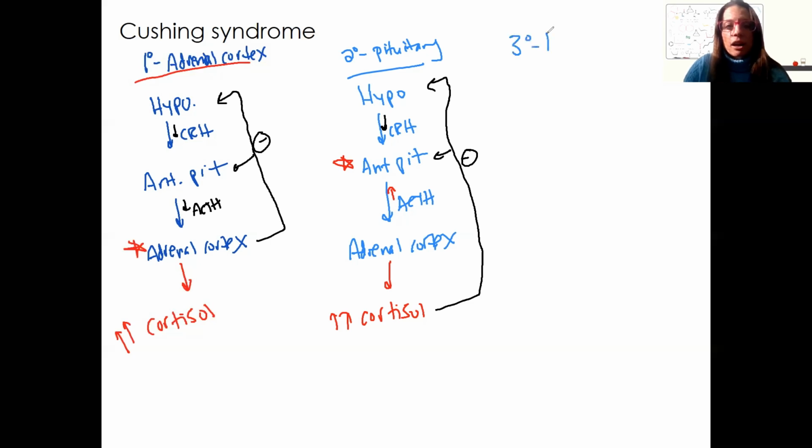is dysfunction in the hypothalamus. And this is more rare. It's also harder to measure because you can't actually measure CRH very well because it's in that portal system. So same anatomy.